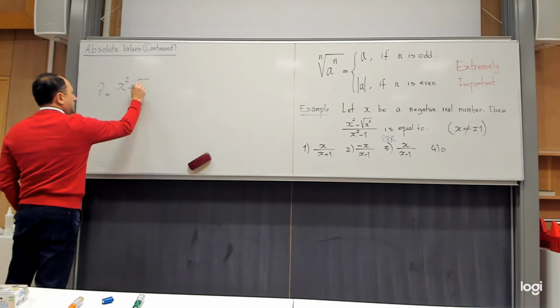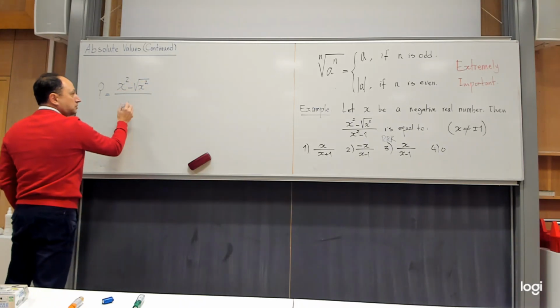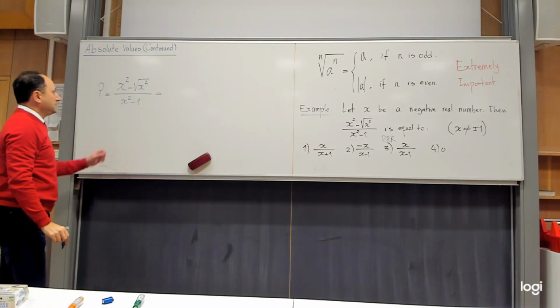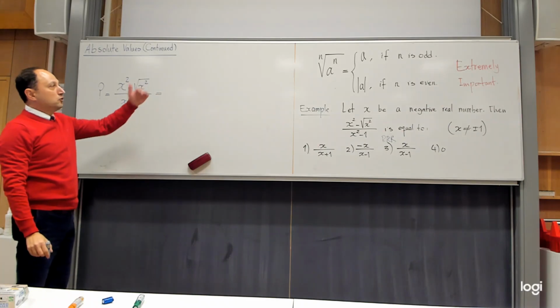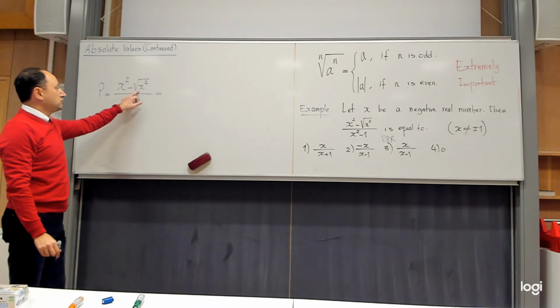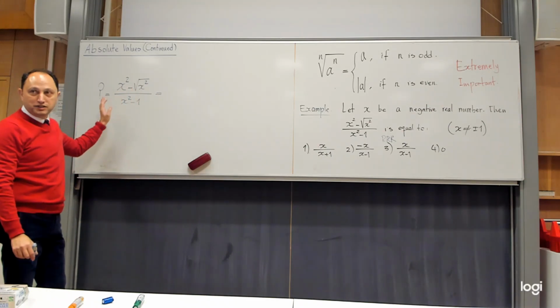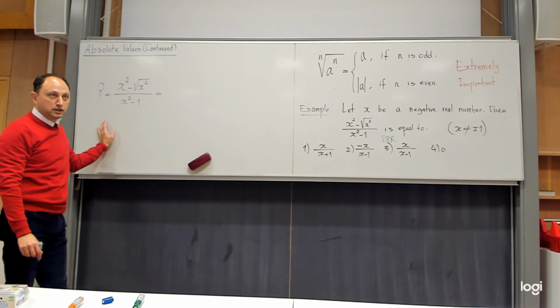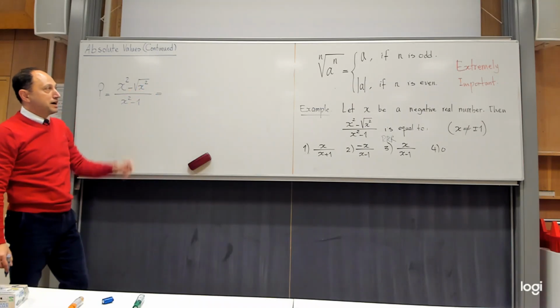So it becomes this divided by x squared minus 1. Probably before this lesson, if you wanted to write something for this one, you would have written x. Now you learn that this is not in general true. You have to respect the rules in mathematics.